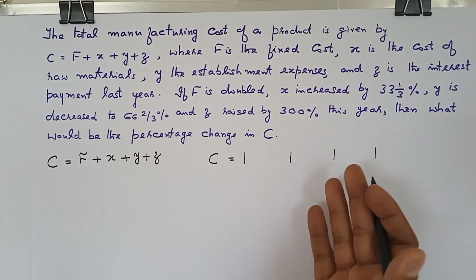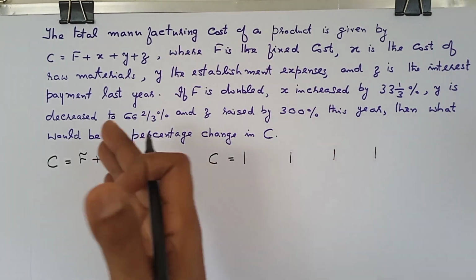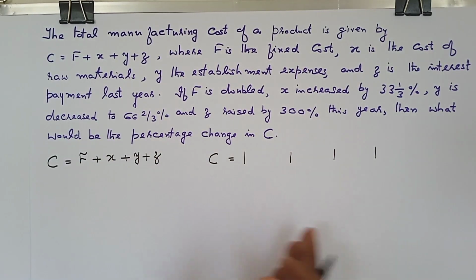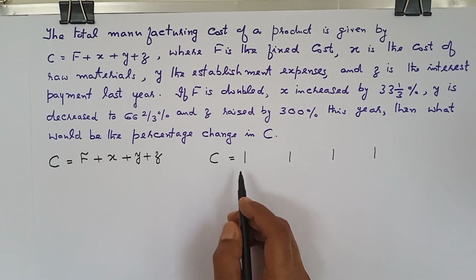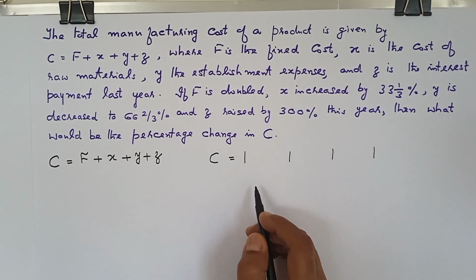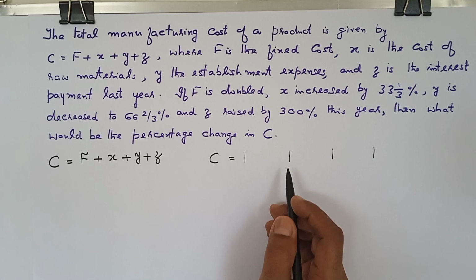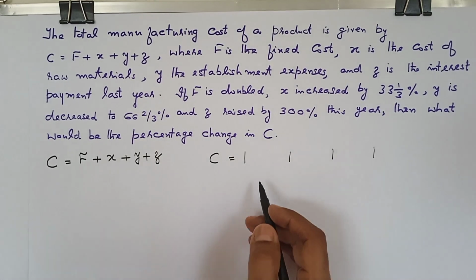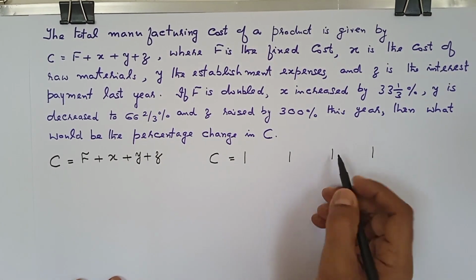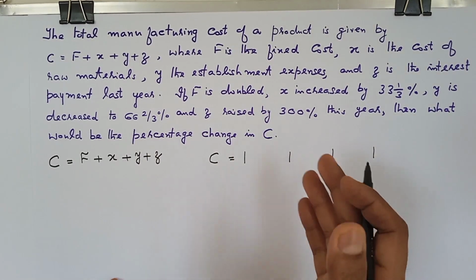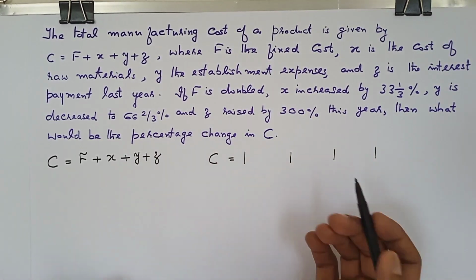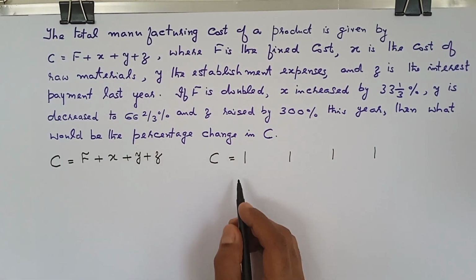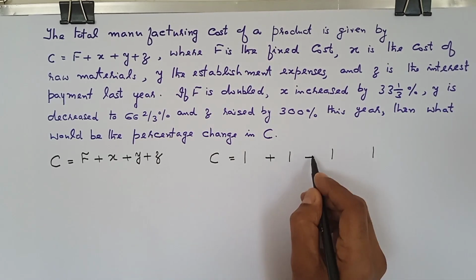If you want to really complicate the problem, you can keep the variables as they are and also work out the solution, but it'll be longer and complicated. So let's look at the best possible way to approach this problem. I'm choosing 1, 1, 1. Even hundreds are good, but unnecessarily you're writing zeros in choosing 100. As I finish the problem, you will see why I chose 1, 1, 1 as the initial values.